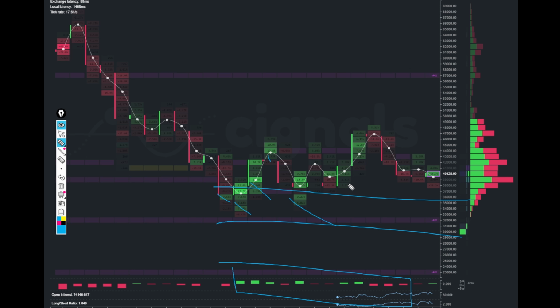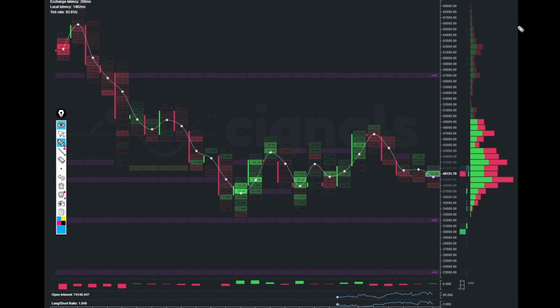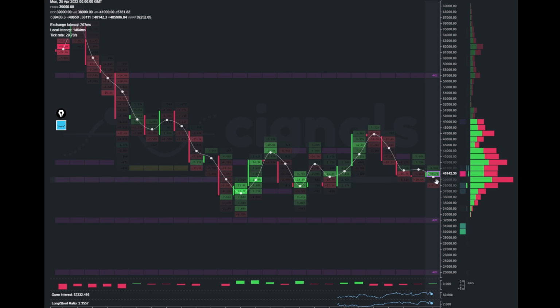Buyers really stepping up here in this range. It faded from imbalance down to previous acceptance, okay? Back down to POC, we're trading in the lower end of this range currently, right, which is this weekly cluster right here.